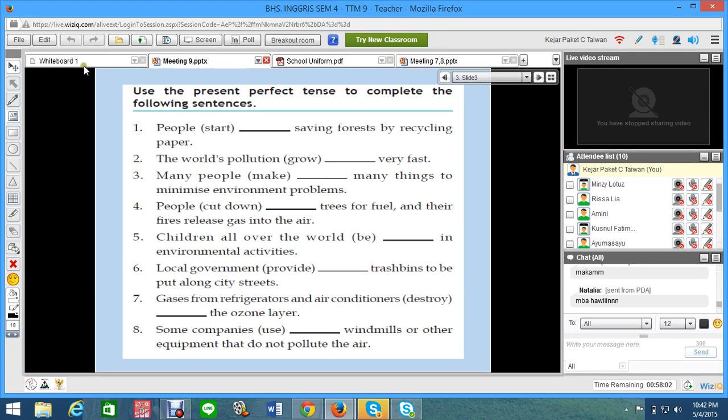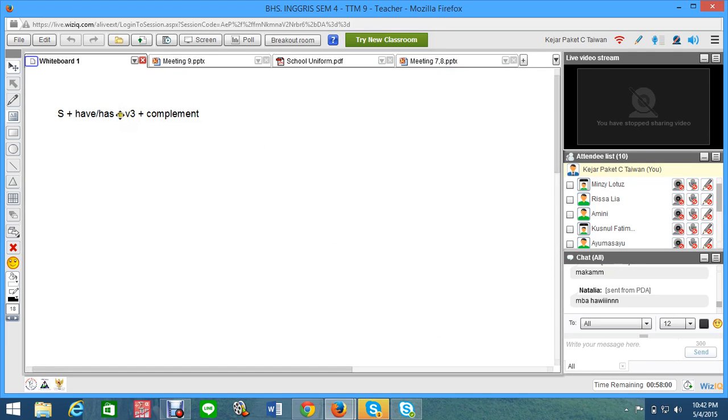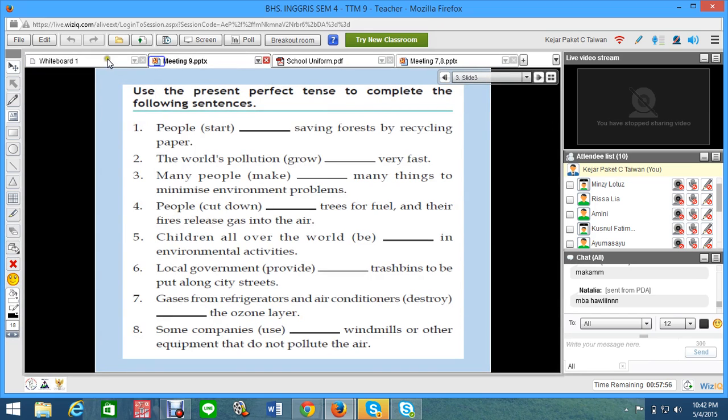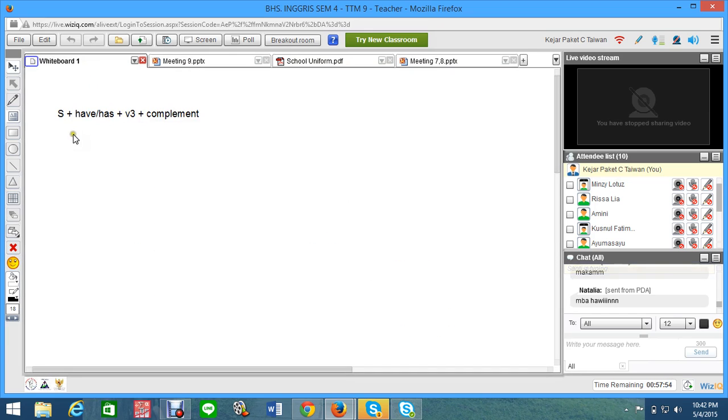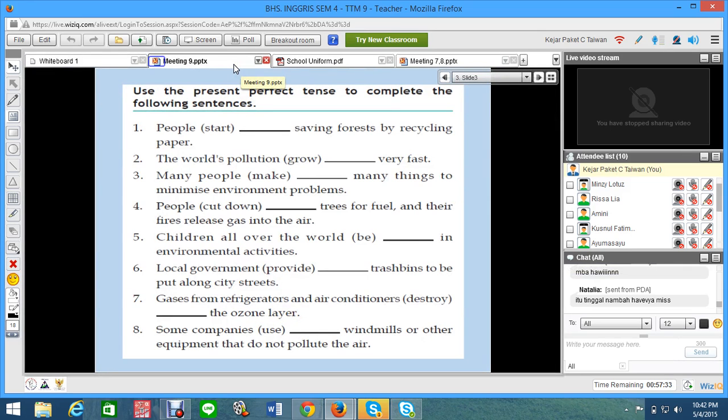So you have to remember the formula of the present perfect. So the formula of present perfect tense is subject plus have has plus verb 3 plus complement. Okay, and then you have to know have, has, verb 3. So you have to be able to know verb 3.